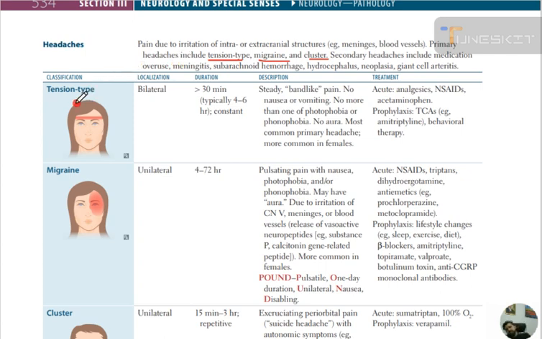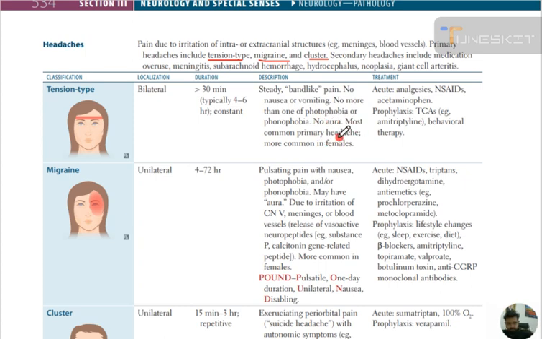So tension type: localization, it is bilateral. Duration, it may remain more than 30 minutes and typically 4 to 6 hours. It is constant in nature. Description, it is steady, constant band-like pain, no nausea or vomiting, no more than one of photophobia or phonophobia. No aura present.